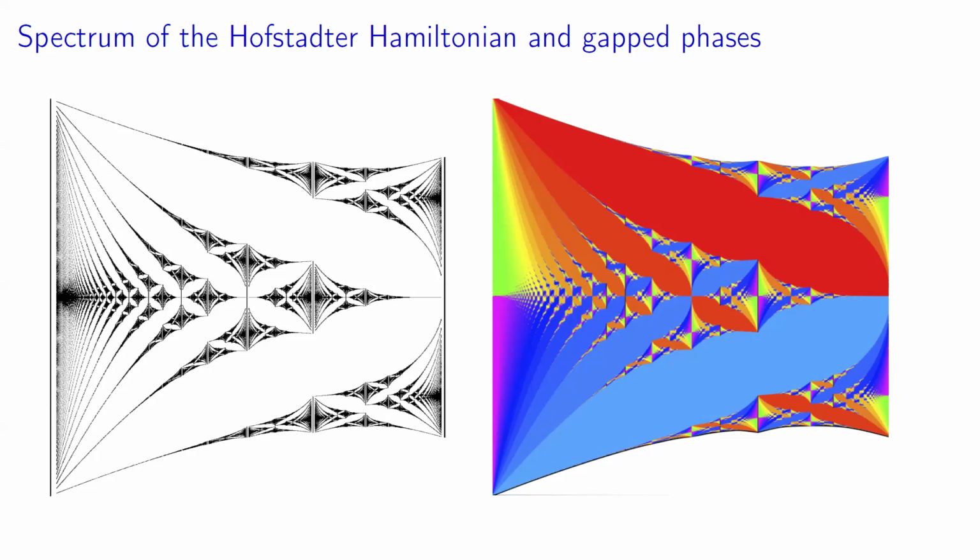But this is a transition that happens between rational and irrational values. As I tried to explain, this is completely irrelevant for the physics we're interested in, because we cannot control this. It's anyway very hard to produce a more or less constant B field. So whether it's irrational or rational doesn't matter.